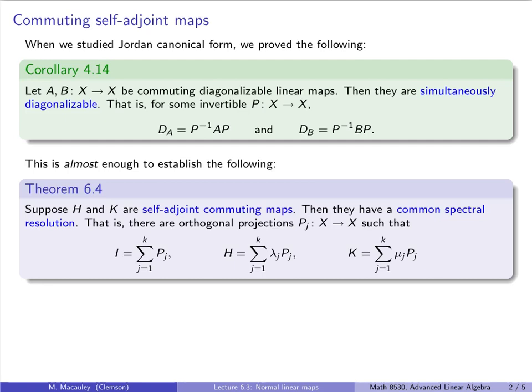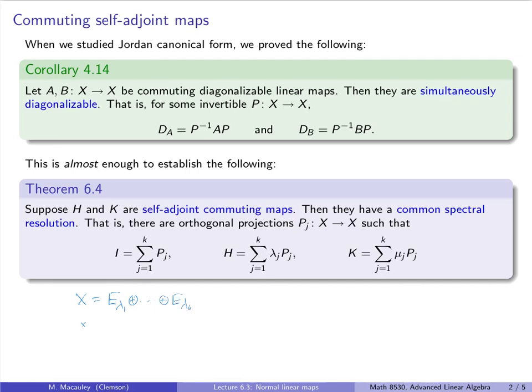Formally, H and K having a common spectral resolution means that we have projection maps P_j of X onto common eigenspaces. So let's recall what that means. X we can break up as a direct sum of eigenspaces of H, E_lambda1 all the way up to E_lambdak.